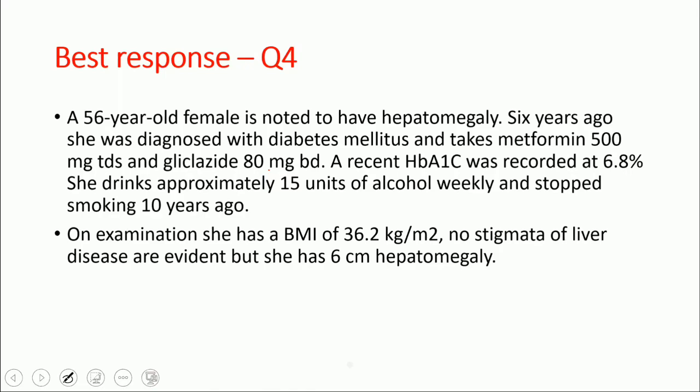Right. So a 56-year-old female, diabetes, with a very bad HbA1c, right? 15 units of alcohol weekly, not a lot of alcohol, right? And yeah, obese. So what is the answer here for this one?